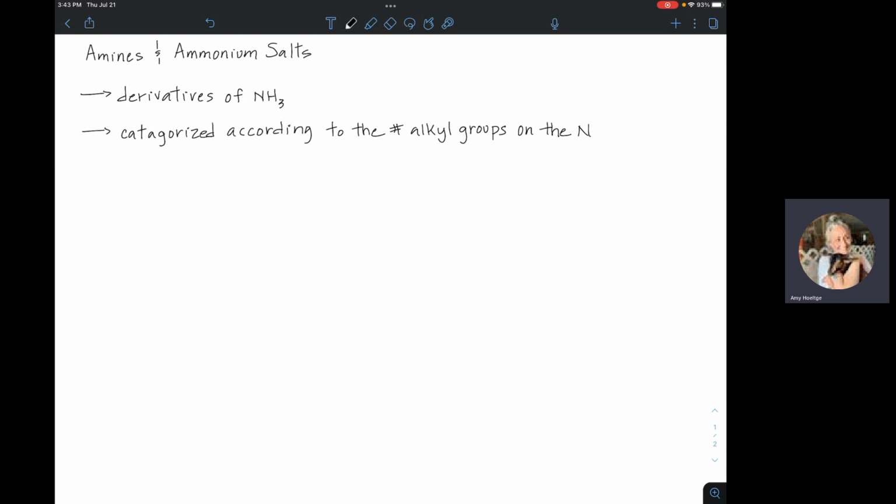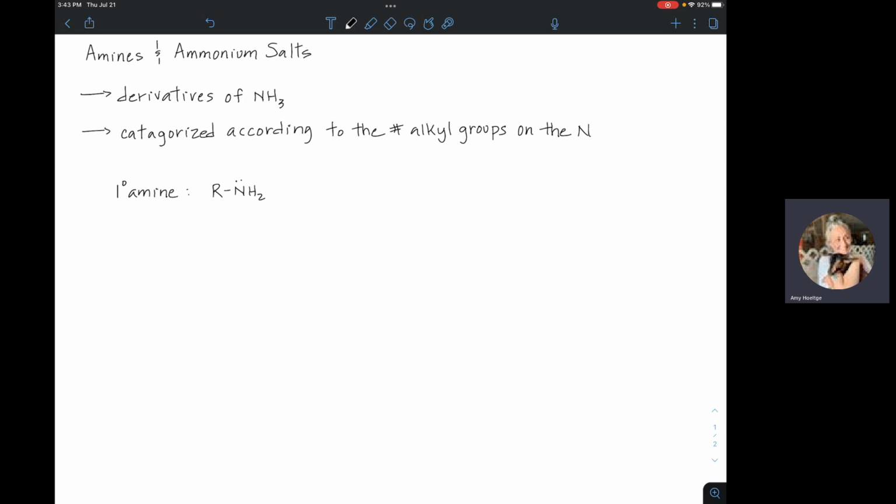So for example, a primary amine will have one alkyl group on the nitrogen, and then the nitrogen will have two hydrogens bonded to it and a lone pair of electrons. So that's a primary amine.